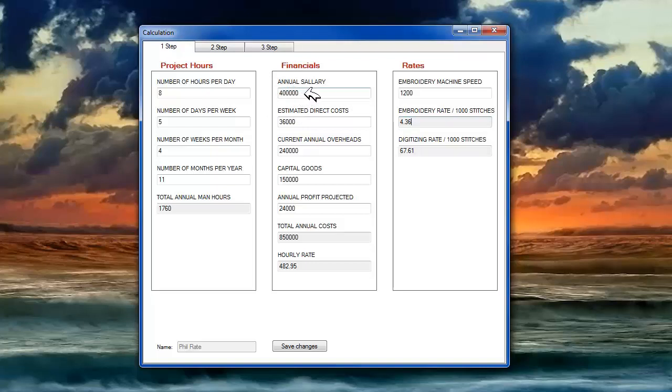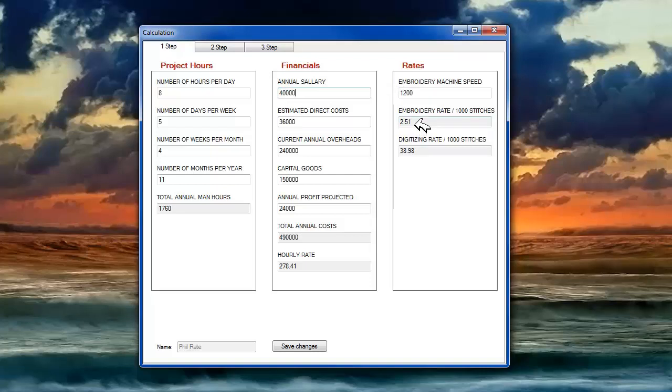For South Africa, that might be a very big salary. Let's take it one notch back and take it down to 40,000 rand a year, because the rest of the information is included in my overhead cost. And now my charge out rate comes down to R2.51 per 1,000 stitches. So it all depends on what you have here.